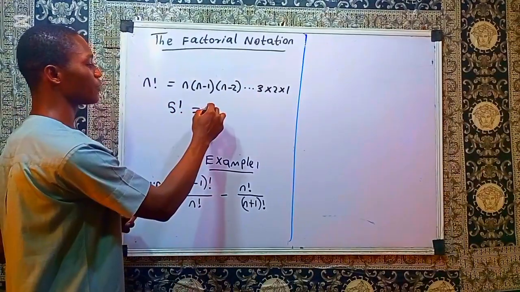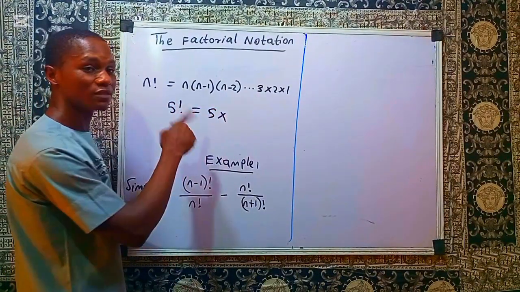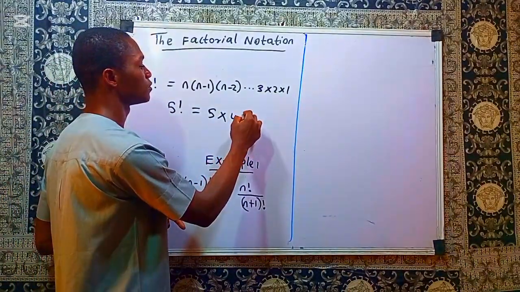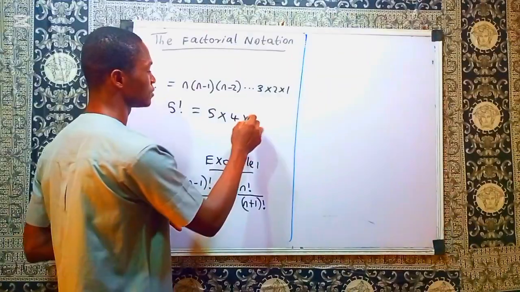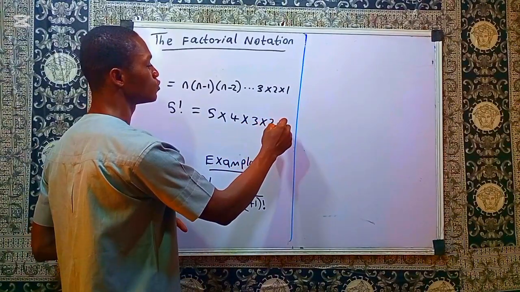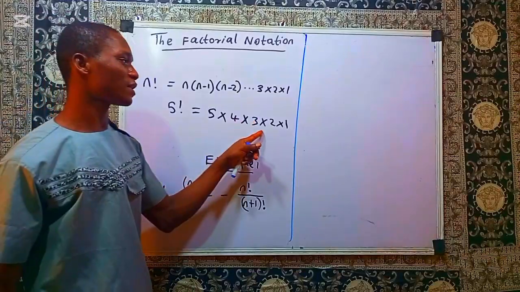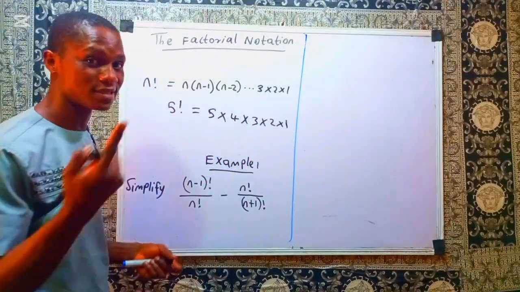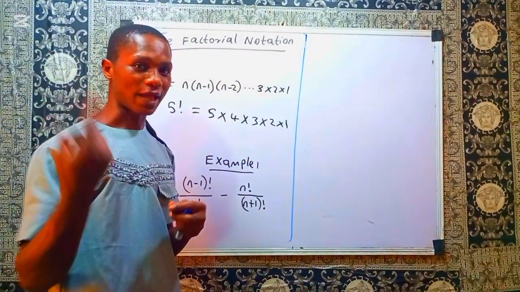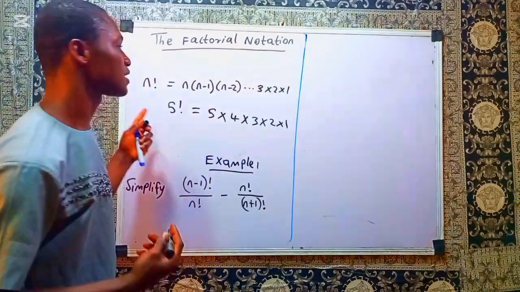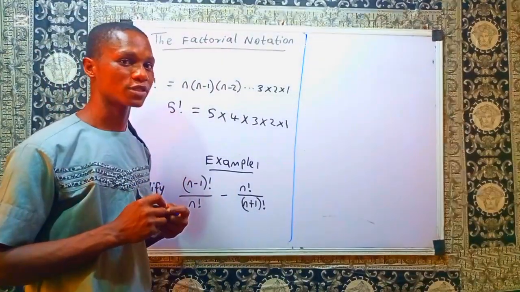So 5 factorial will be 5. Then next integer smaller than 5 is what? 4. You are going to go down to 1. 3, 2, 1. So 5 factorial will be 5 times 4 times 3 times 2 times 1. Likewise, 6 factorial will be 6 times 5 times 4 times 3 times 2 times 1.